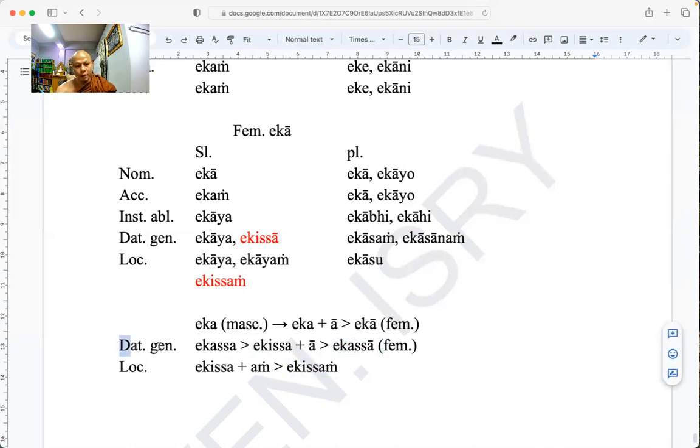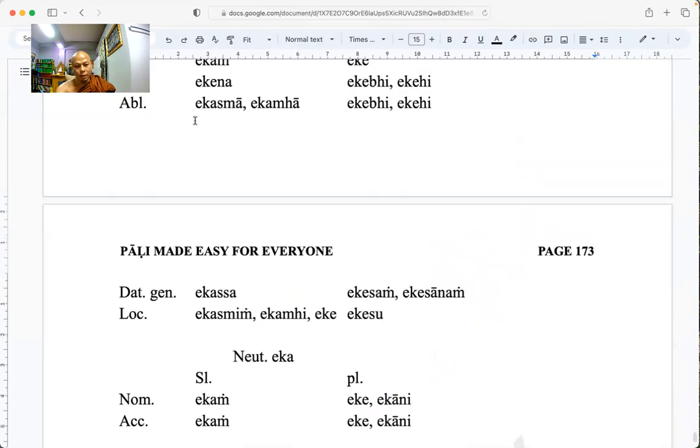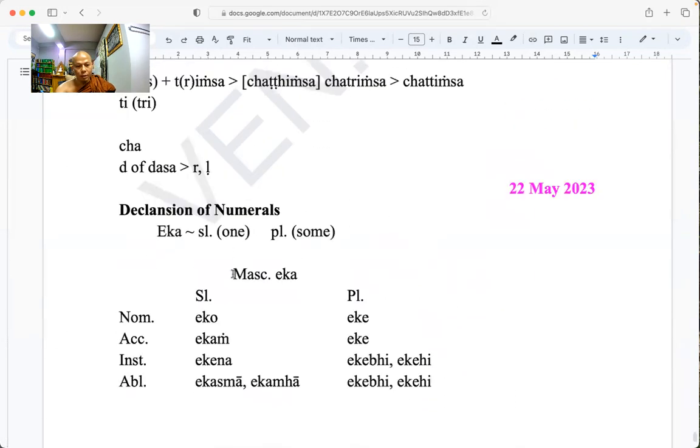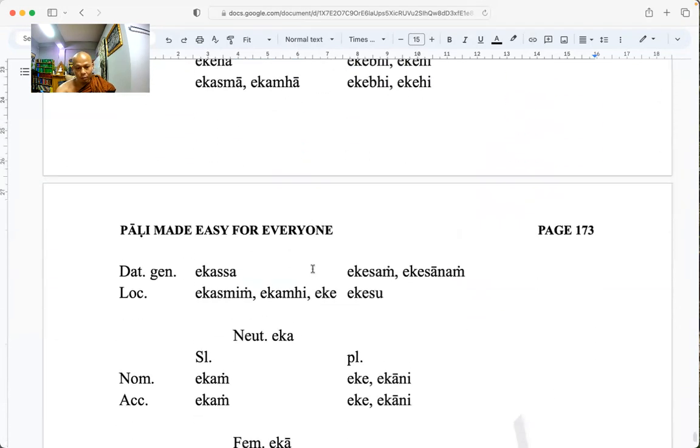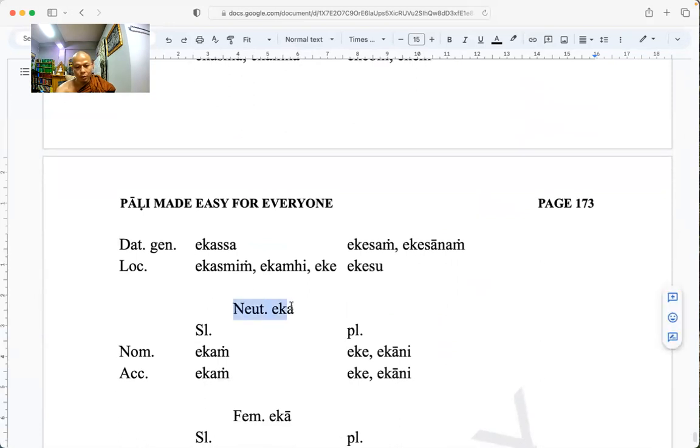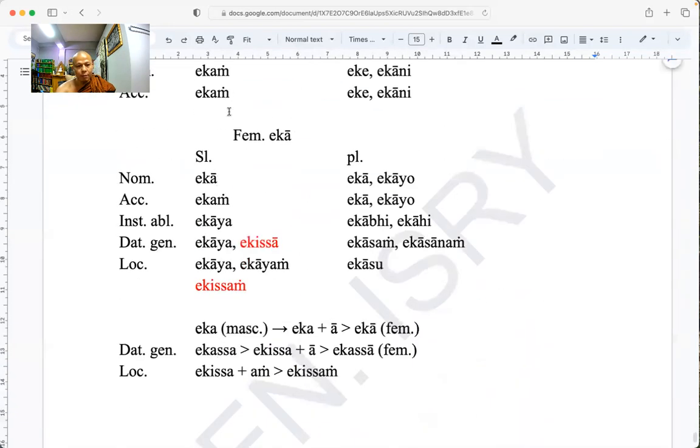So dative genitive singular is ekesa, and locative singular is ekesam. The rest, in masculine, neuter and feminine, are the same as ya, so that is in Pali Easy. But this ekesa is a special form.